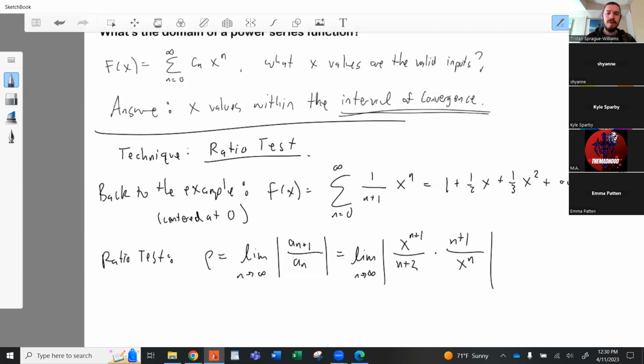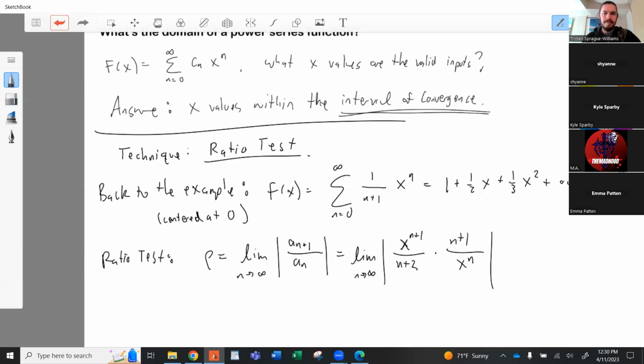This is going to be a little bit of a hard limit to explore because it's got two variables in it. It's got x, which is a real value variable, and n, which is an integer variable, and we're taking the limit as n goes to infinity. But the fact that this x is here means we're not really going to be able to solve this limit definitively because it'll depend on what x equals.